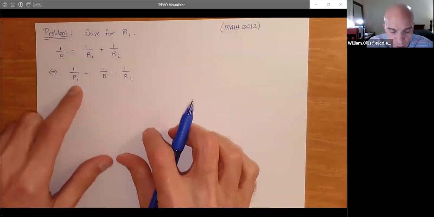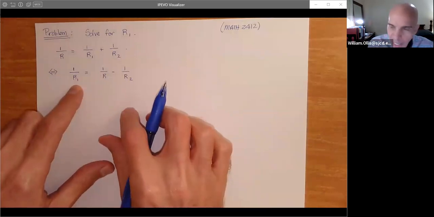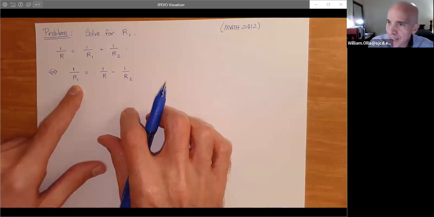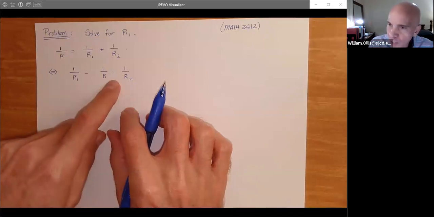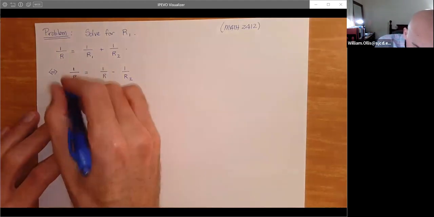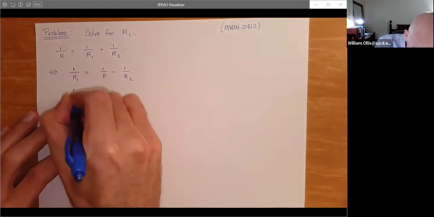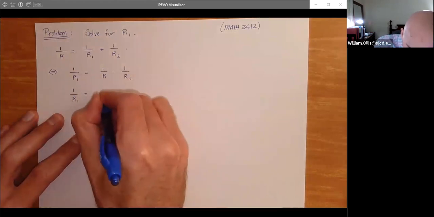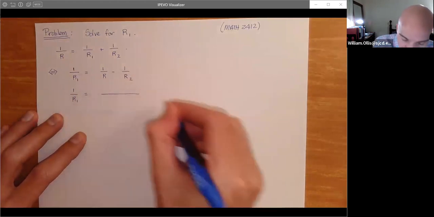Now, at this point, we would like to solve for R1 by reciprocating, and that would be the easiest way to go, but it's a little bit difficult to reciprocate these fractions when we don't have a common denominator. So the next thing we can do is get a common denominator. Working with numbers or letters, it's all the same thing.